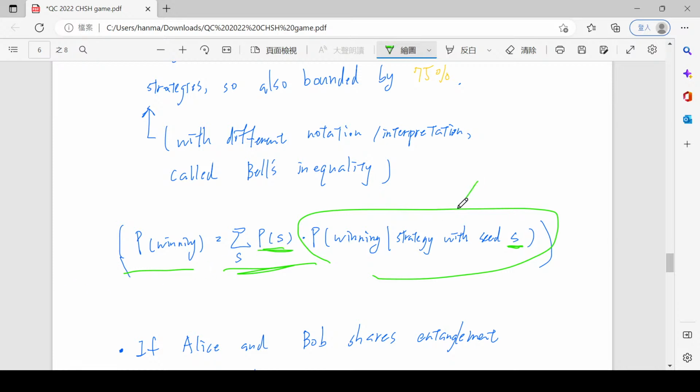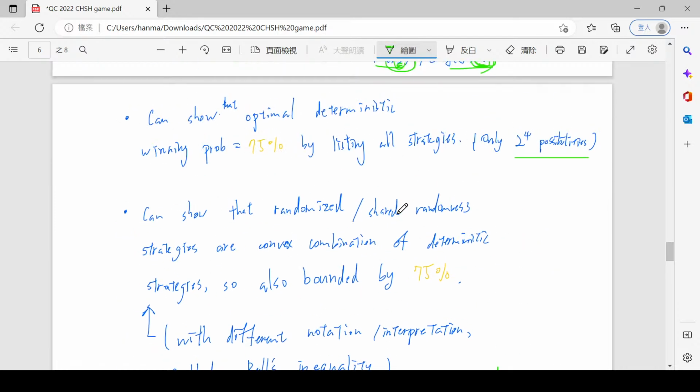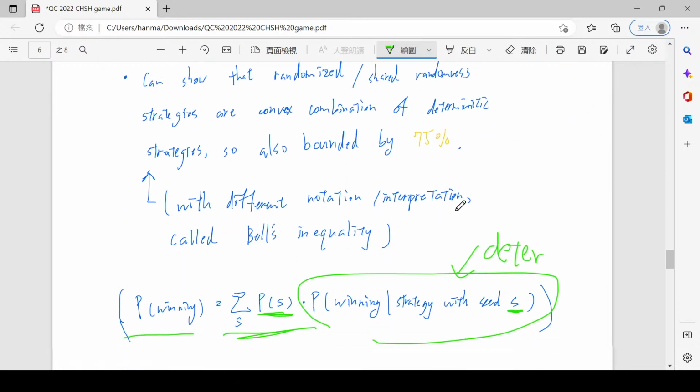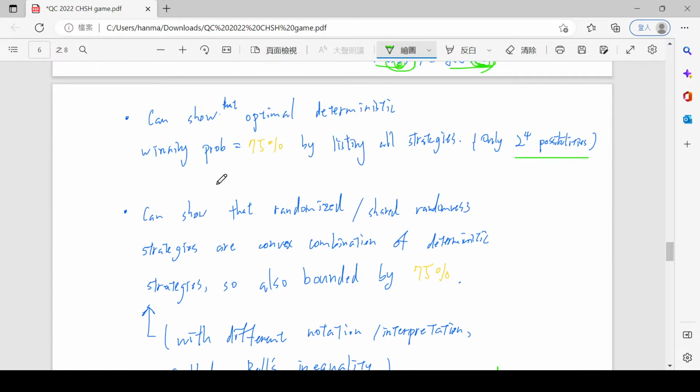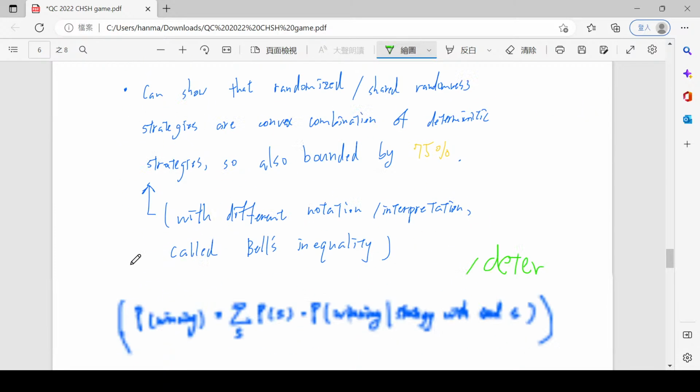So then this part is the deterministic strategy, right? This is the winning probability of your strategy conditioned on having some random seed. But we already said all the deterministic strategies must have a maximum winning probability of 75%.